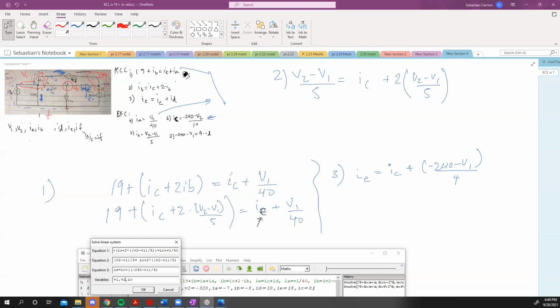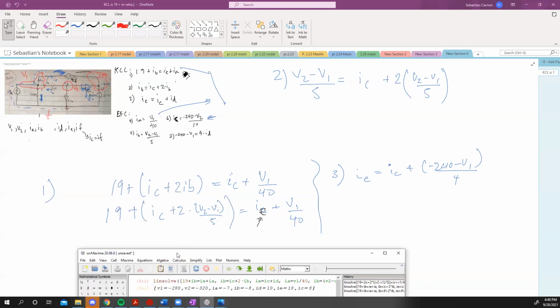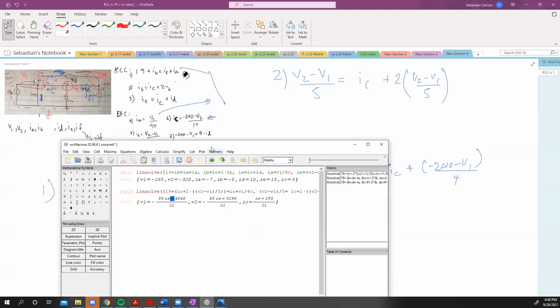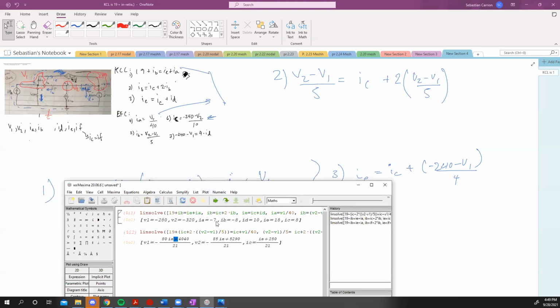Okay. So our IE is essentially we get a current here.